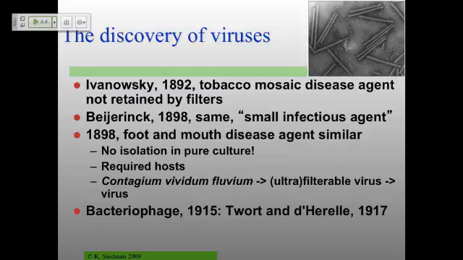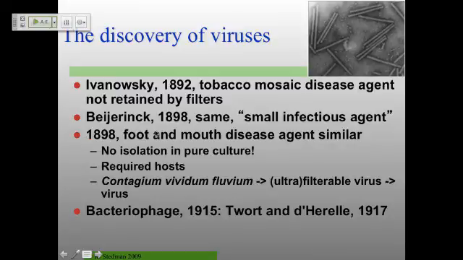Well, a couple of guys, one in Holland and one in Russia, took these filters that would block any kind of growth and saw that they didn't block disease, which was really bizarre. In theory, they didn't know what each other was doing. In practice, it's kind of hard to tell, but certainly around 1900, there wasn't much communication between Holland and Russia.